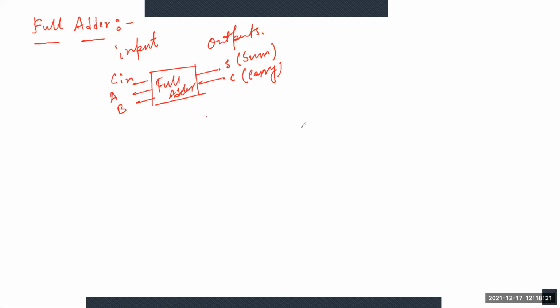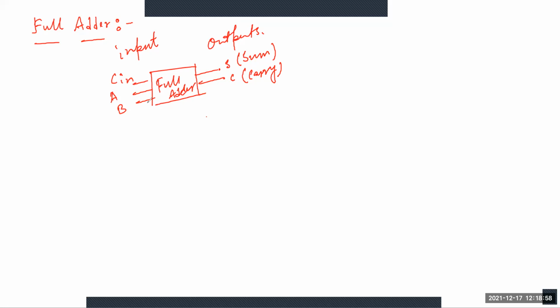The two input variables, denoted here by A and B, represent the two significant bits to be added. Next, the third input, C in, represents the carry from the previous lower significant position. Previous lower significant position means first A plus B, whatever that output is, is added with C in.